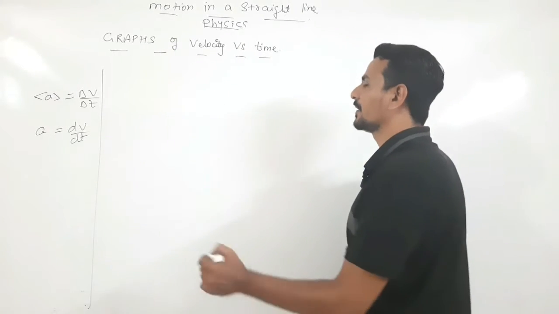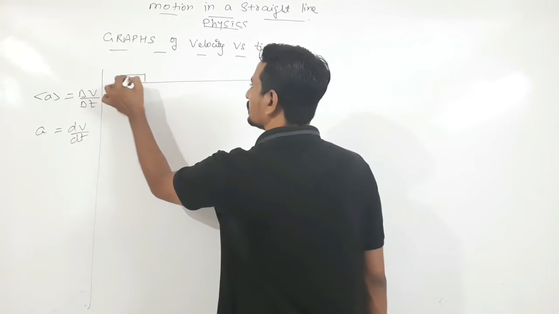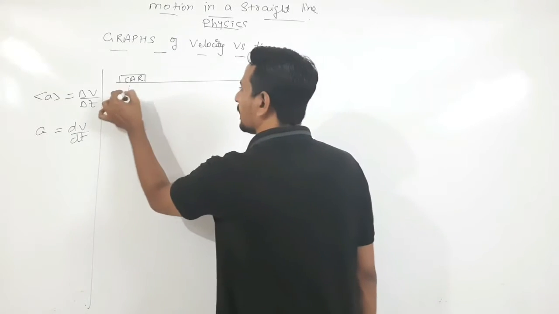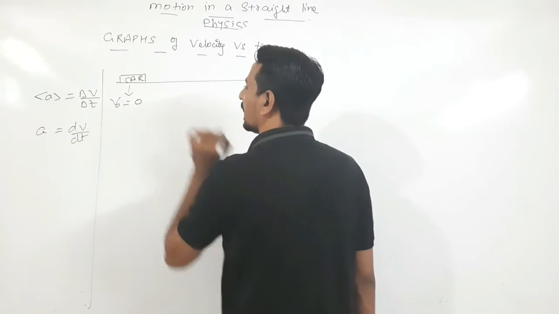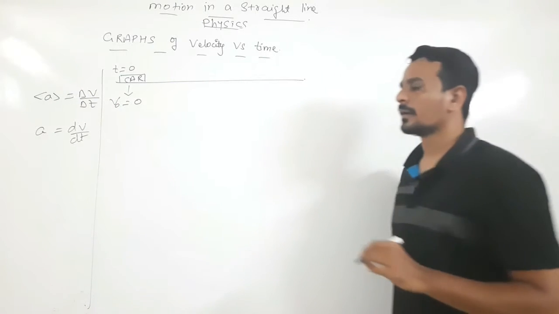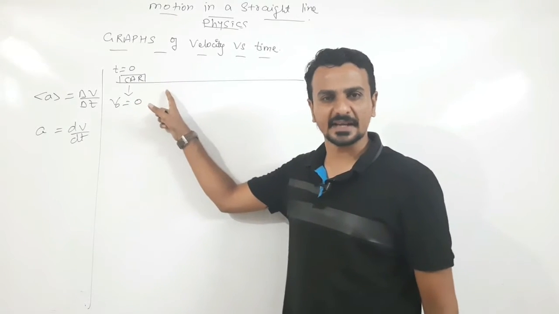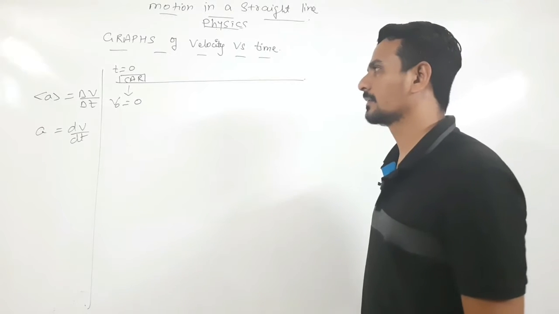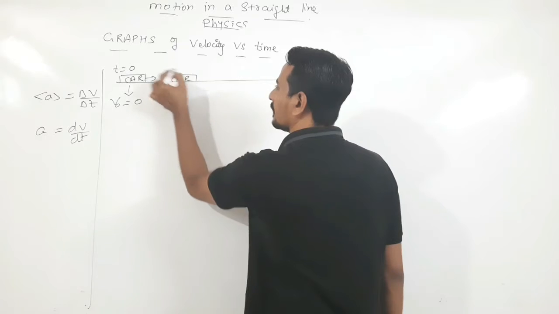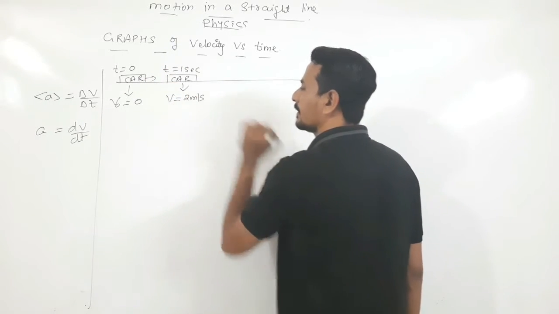Let us take one example. Suppose a car starts from rest, so let us say the initial velocity of the car is 0 at t equals 0. Let us say the car is increasing its velocity by 2 meter per second every 1 second. That means at t equals 1 second, the velocity of the car will be 2 meter per second.